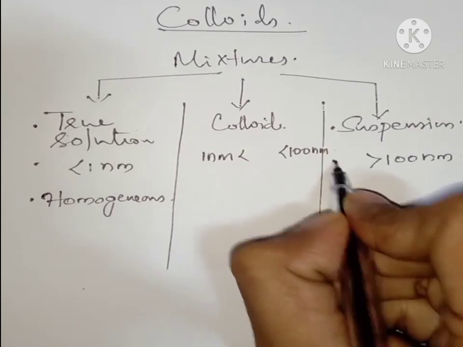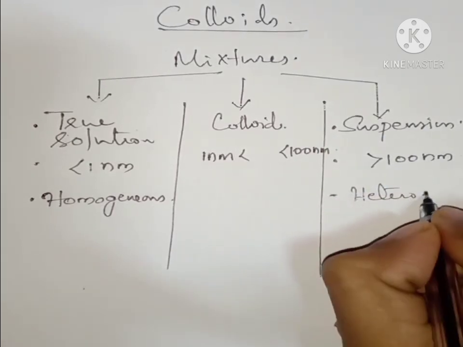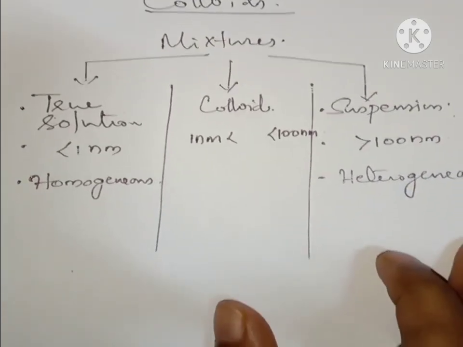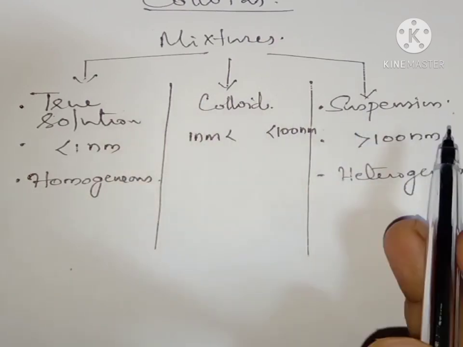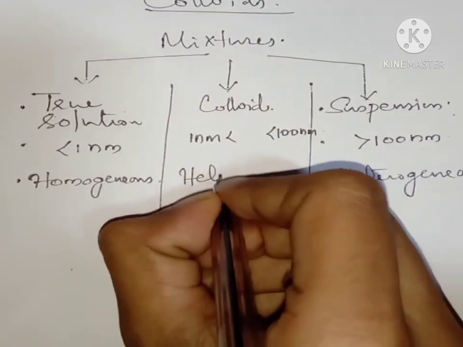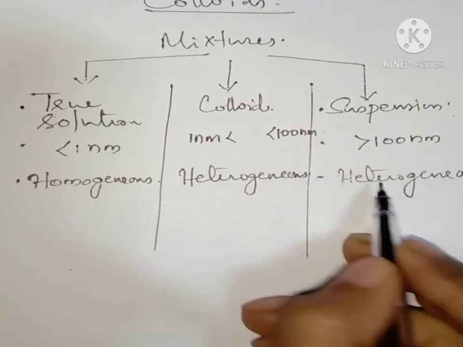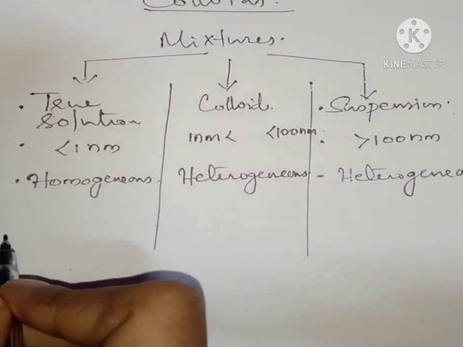While suspensions are heterogeneous. In the case of colloids, it is looking like homogeneous, but actually it is heterogeneous. It appears as homogeneous, but it is heterogeneous in nature.